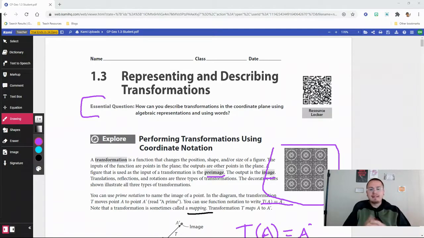You can use coordinate notation to write the rules, and it's going to describe how the preimage points are transformed to the image points, right? Your input output. And you can use words like reflection, rotation, translation, stretch, and dilation, rigid motion or not. But yeah, I think that you guys should be all right.